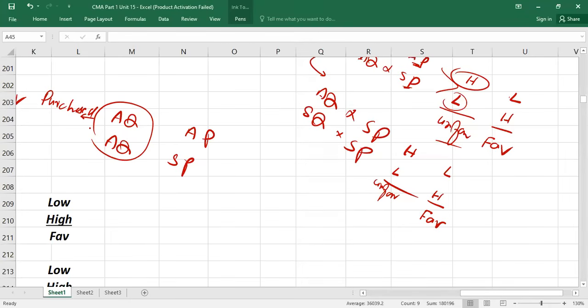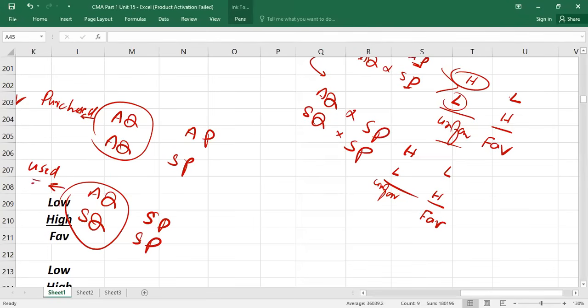But when you calculate quantity variance, you have to write actual quantity into standard price, standard quantity into standard price. Please remember here the quantity should be used quantity. Maybe an exam question will tell you the company has purchased 1000 kg of material, but they have used 800 kg. In the price variance, you will write actual quantity as 1000 kg.